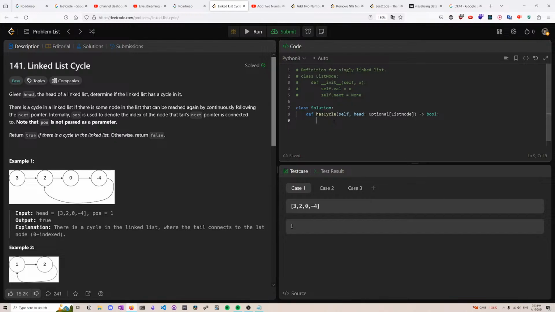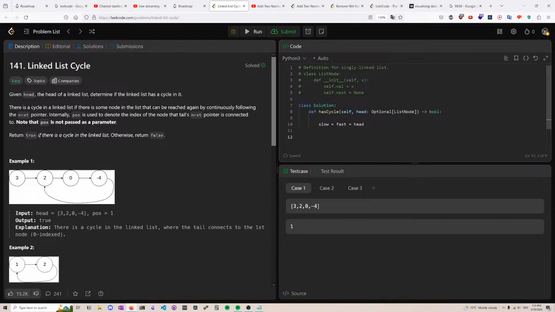Yeah, so there's a formula for this. Equals head. So the fast pointer will go two.